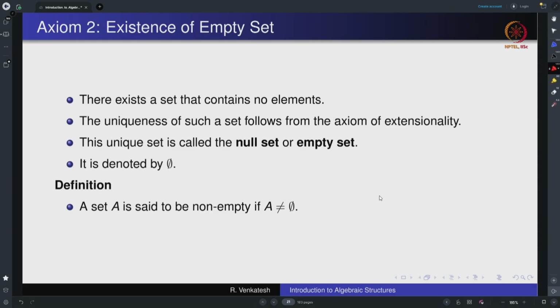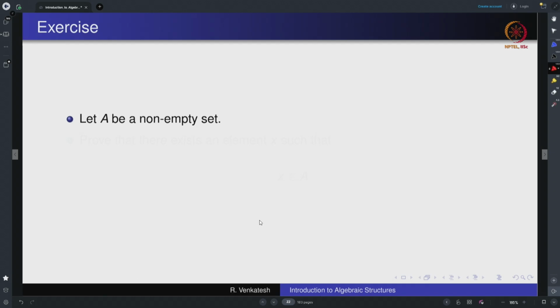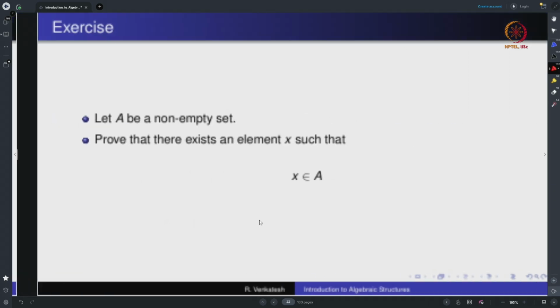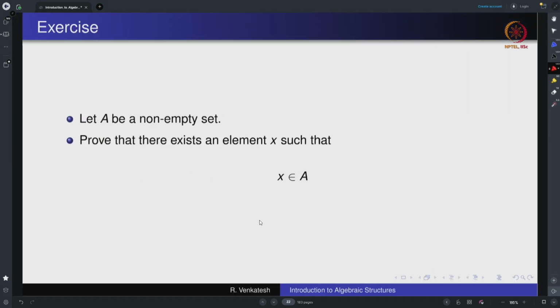One can easily see that using logic. A is non-empty means there exists an element inside A. You can take it as an exercise and think about it: if you start with a non-empty set, one can prove that there exists an element x inside that set.